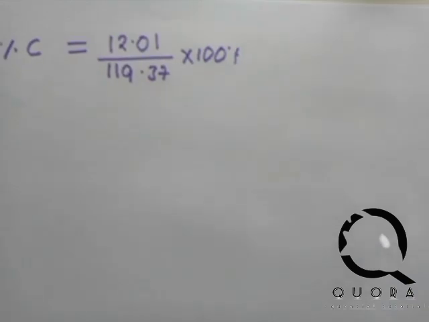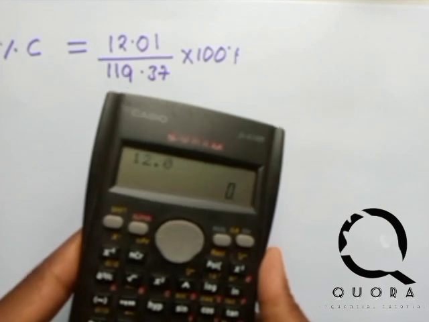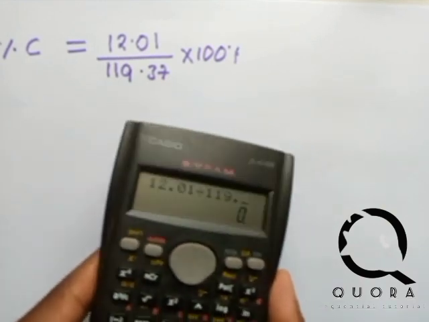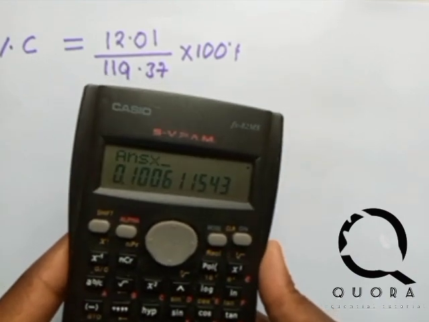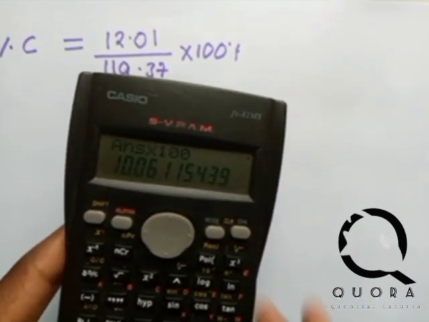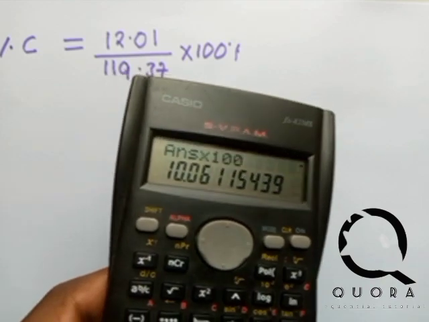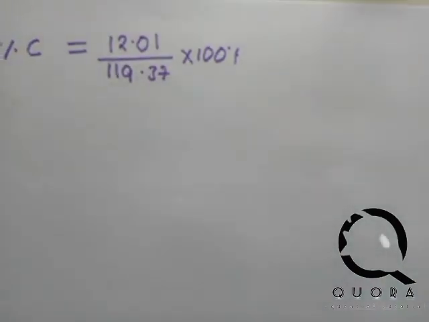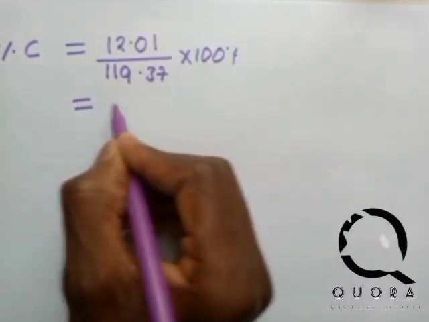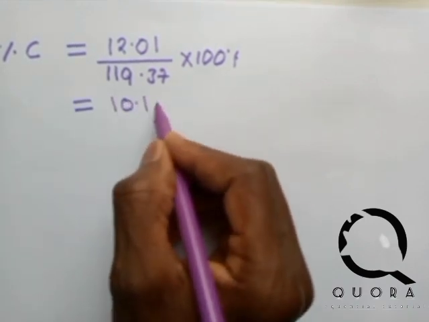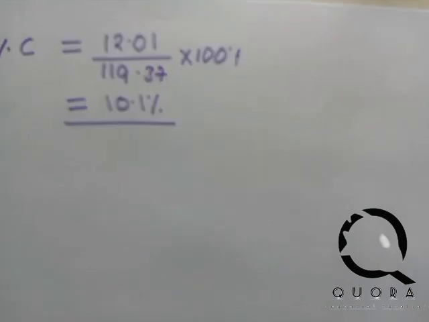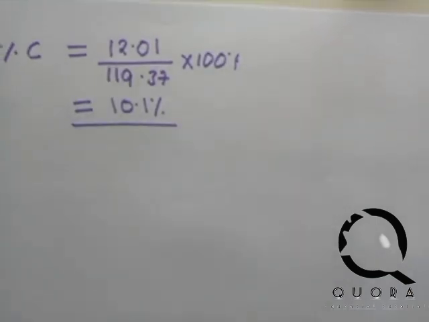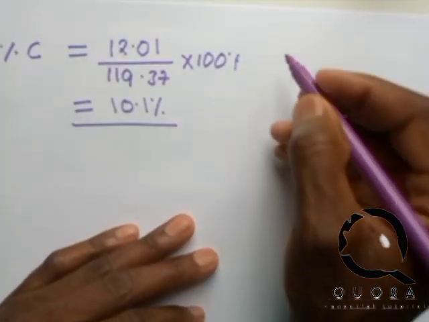So I'll say 12.01 divided by 119.37, then multiply by 100. So I'm getting the percentage as 10.1. I'll round off to 1 decimal place and we are going to have 10.1%. So this becomes the percentage composition for carbon.